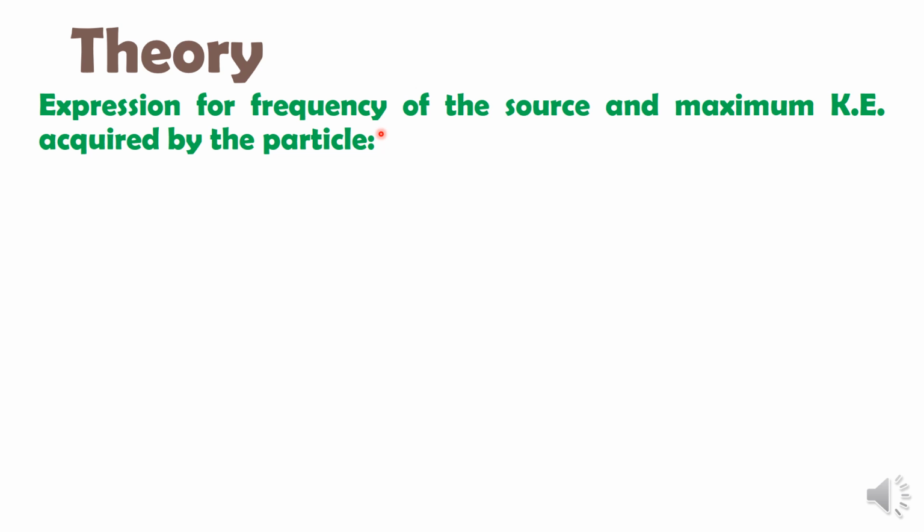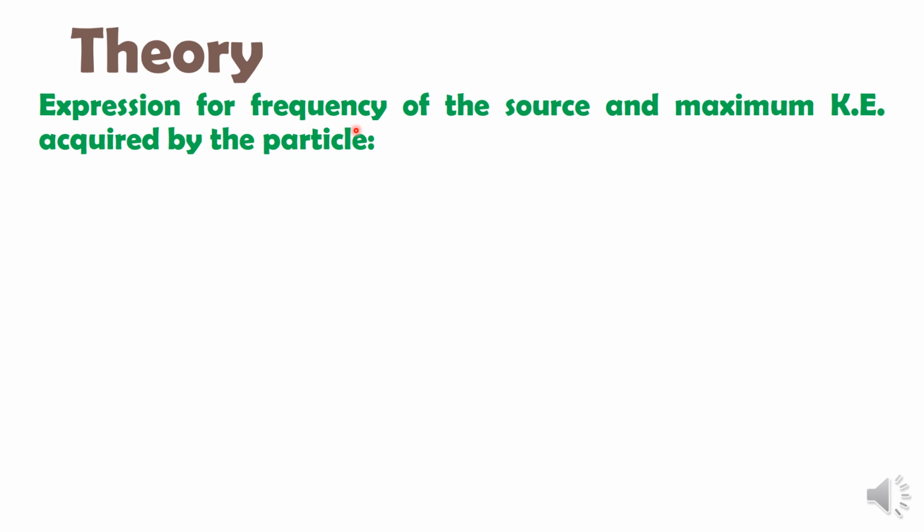I told you that the time taken by the ion to describe a semicircle should be equal to T by 2, half of the time period.